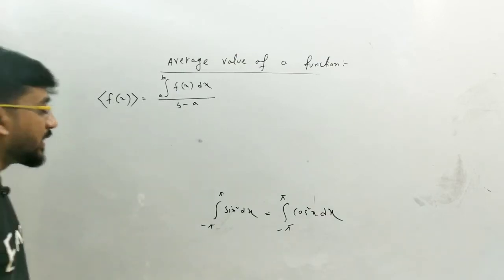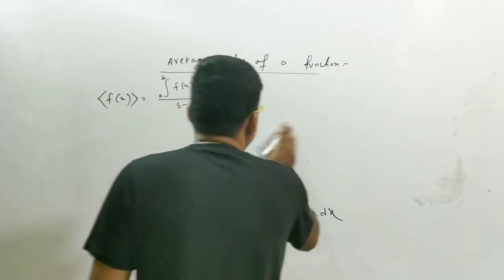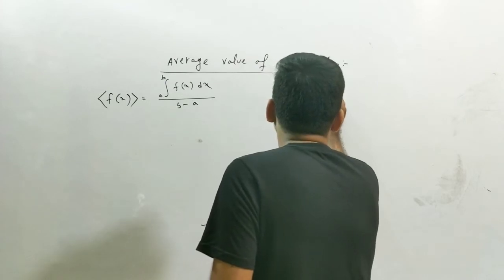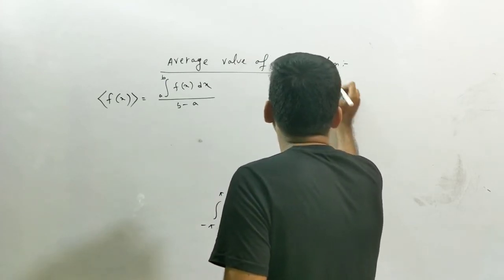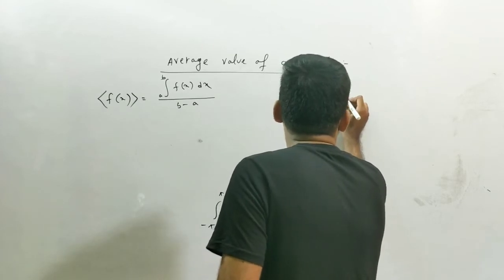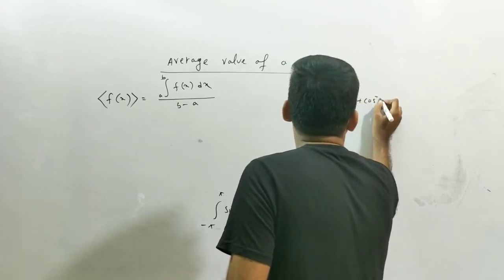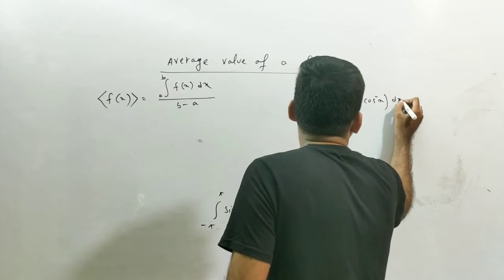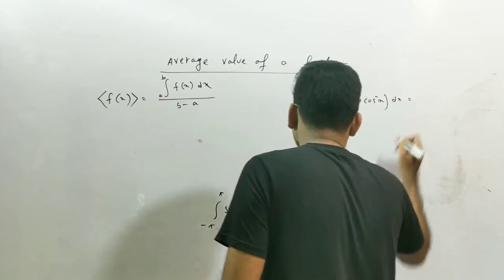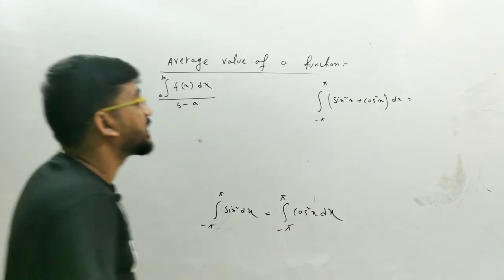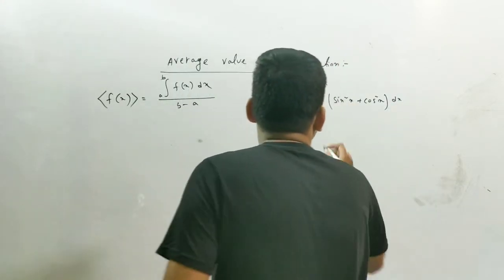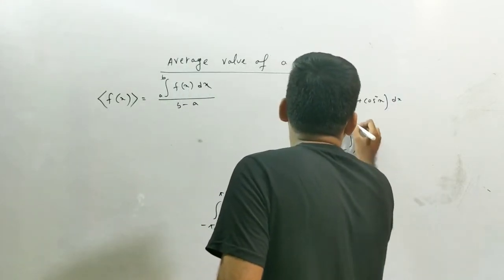Okay, now if you add these two integrations, then what will you get? You will get minus pi to plus pi of sin square x plus cos square x dx. So what will this be?